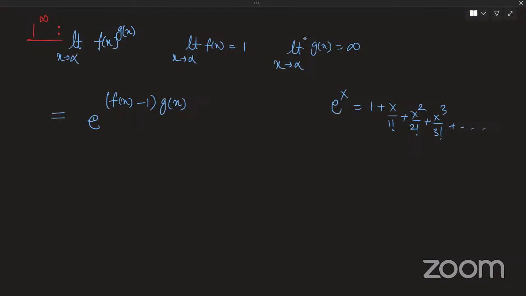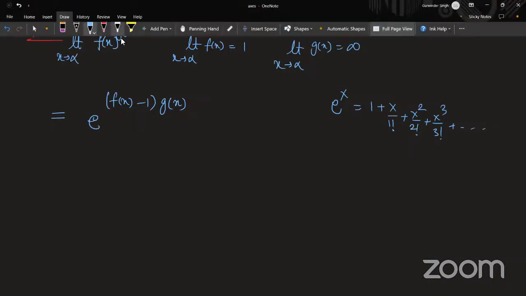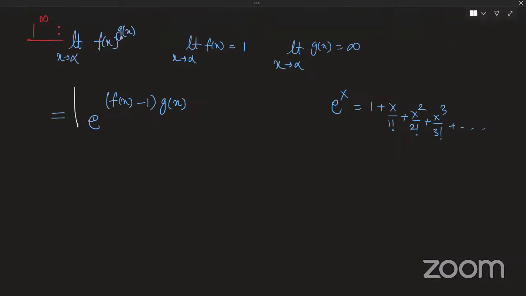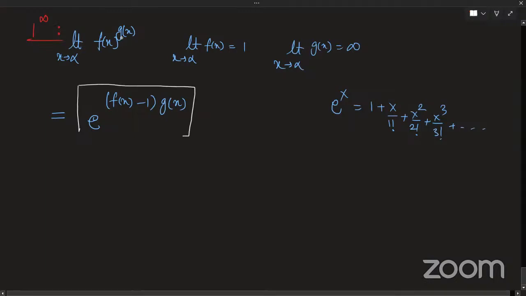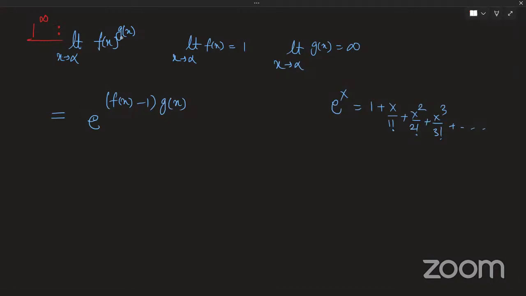So this is the infinite expansion. You can go for its derivation if you wish, but it's really long and not part of your syllabus. You have to remember: e raised to f of x minus 1 into g of x. This is how you will solve whenever you get 1 raised to infinity.